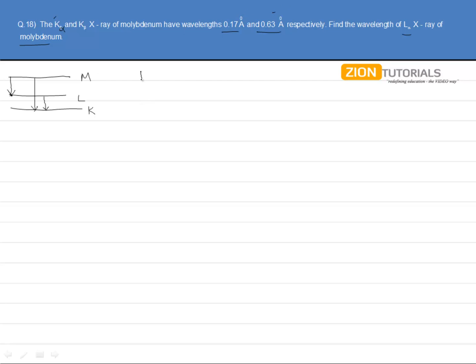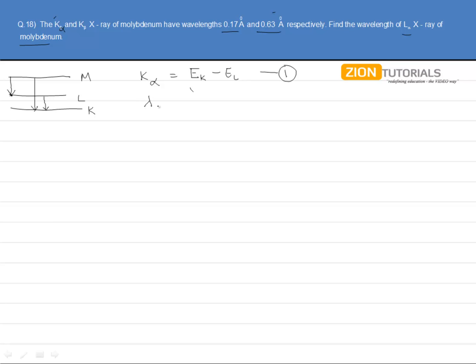Now for the first, that is K alpha, we can write it as energy of K orbit minus energy of L orbit. Note, I'm actually talking about the magnitudes.